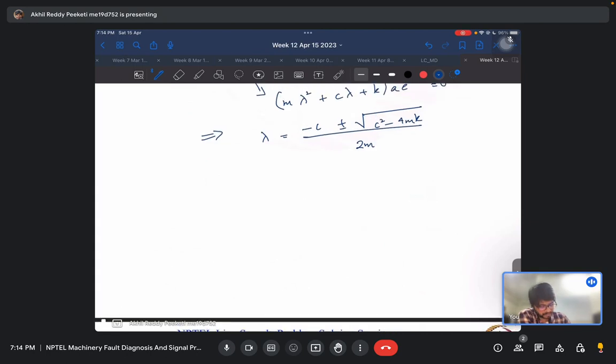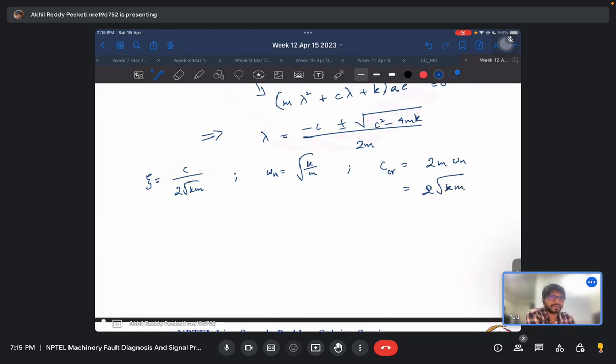In these cases, usually we have damping factor given as c by 2 root km. This is the damping coefficient, and the natural frequency omega n is root k by m, and the critical damping coefficient is 2m omega n or 2 root km.